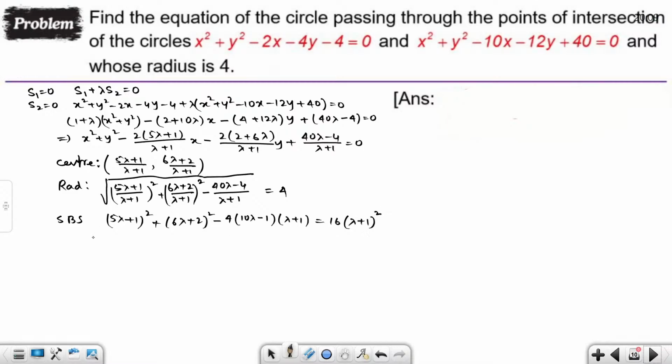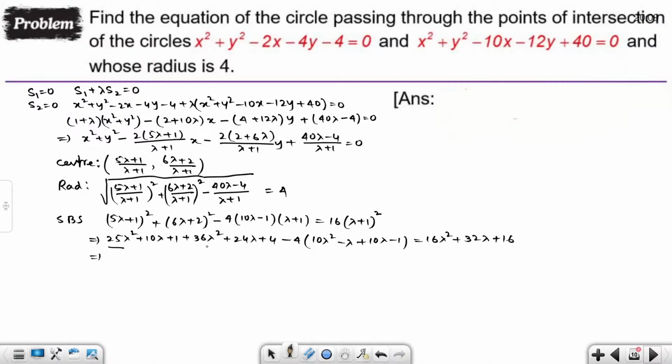So let me open the brackets. So what we are getting?